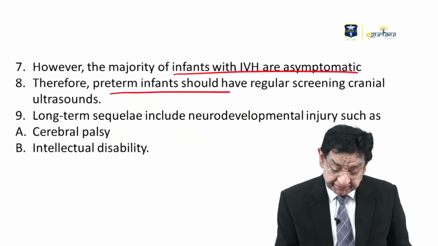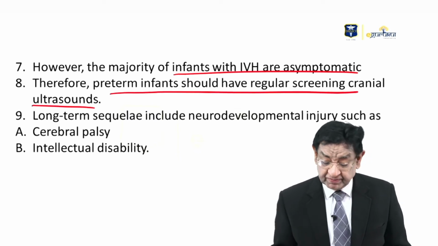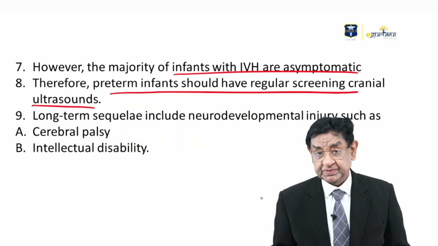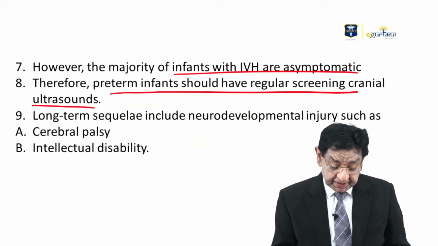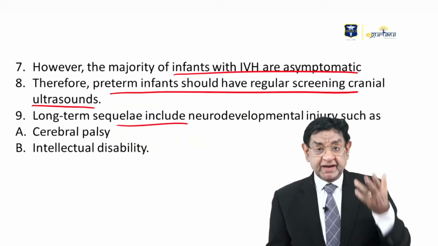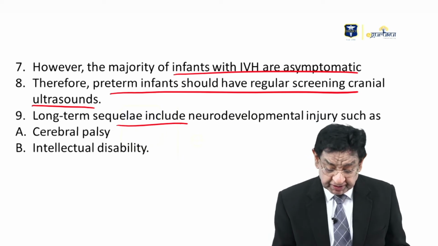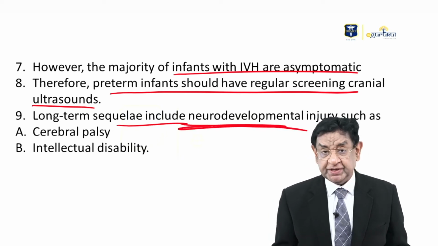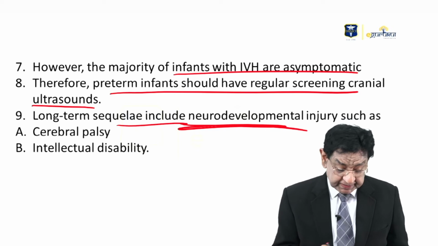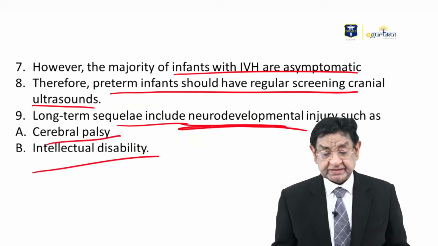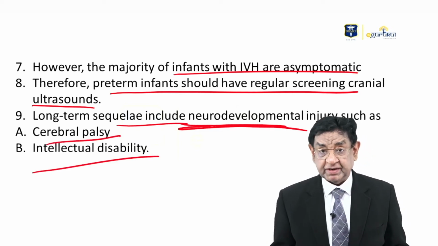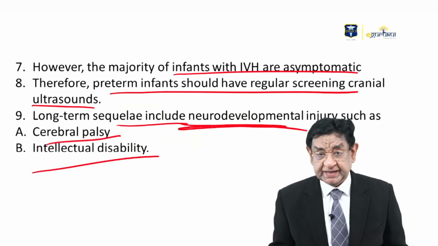Therefore, preterm infants should have a regular screening ultrasound. Why? Because a patient may have no symptom at the moment, but later on, the patient can have a problem in neurodevelopment. There can be cerebral palsy or intellectual disability. So it's very, very important to rule out any bleeding in the brain.